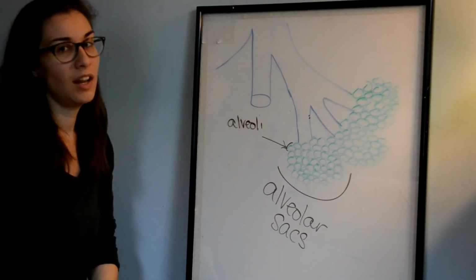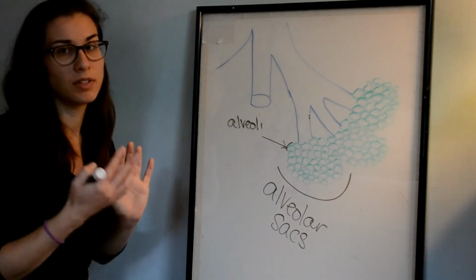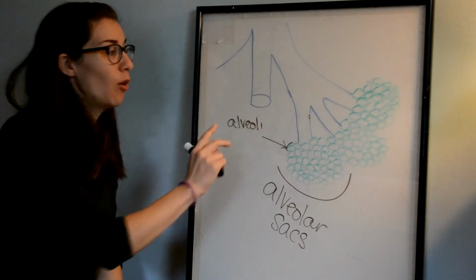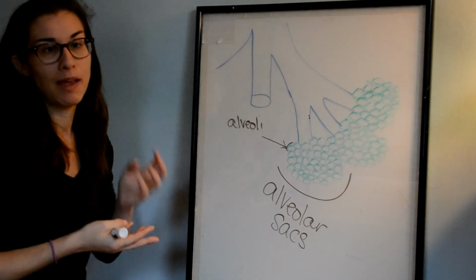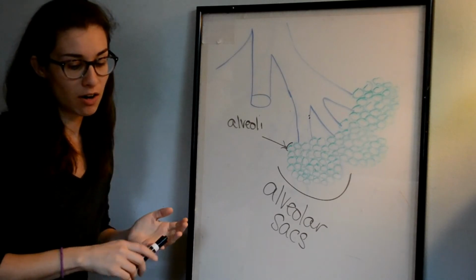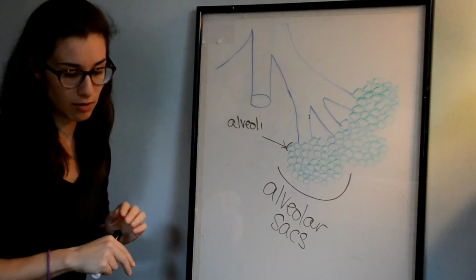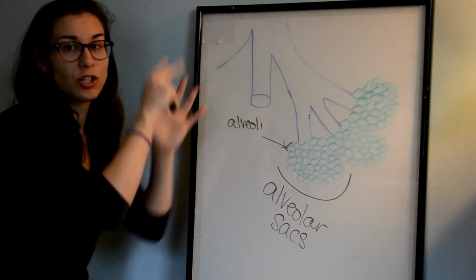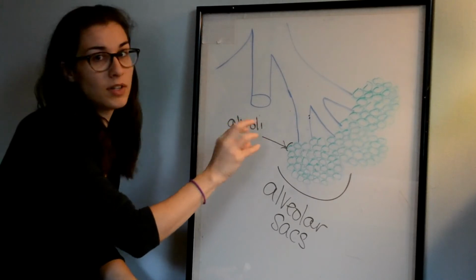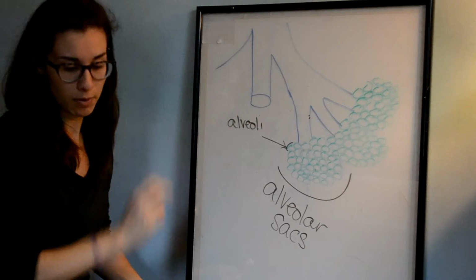And within the alveoli, there are different types of cells. And this is very cool. So within the alveoli, it's made up of 3 different types of cells. There are squamous cells. These are the type 1 alveoli cells, and they are what create the structure of the alveoli. So they are the ones that create this bulbous kind of shape.